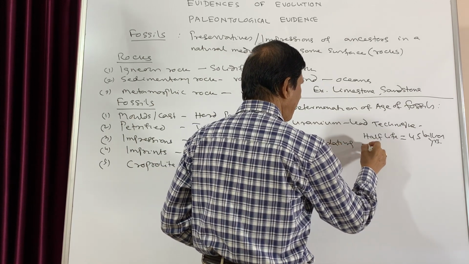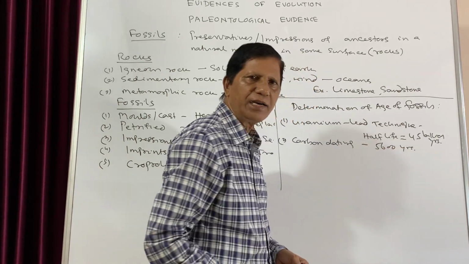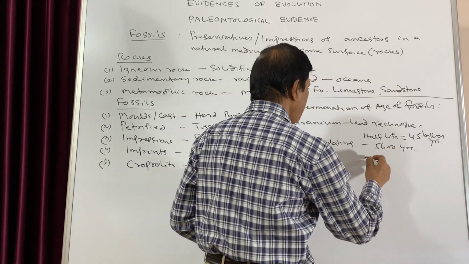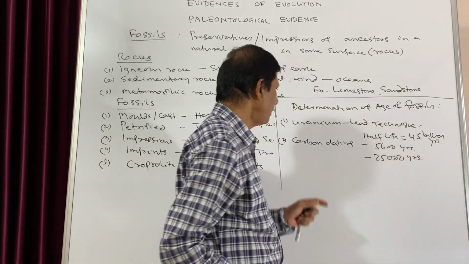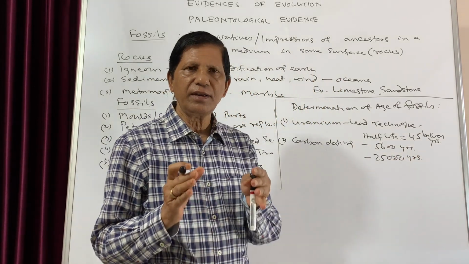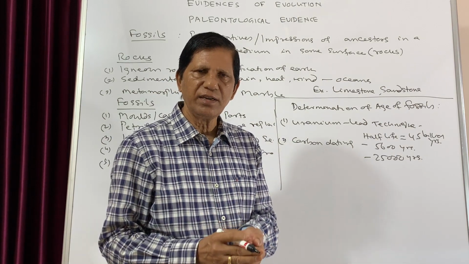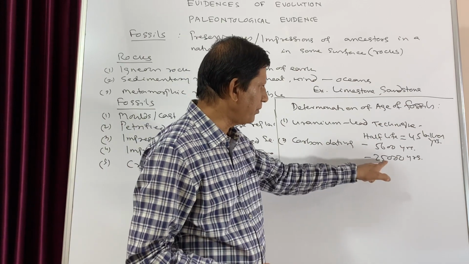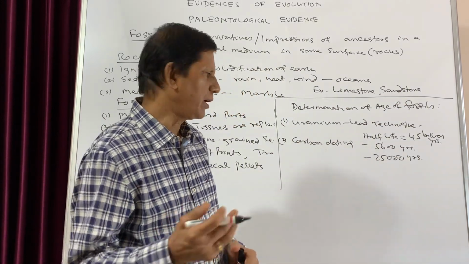And here the half-life is 5,600 years. And it can estimate fossils of maximum 25,000 years. That means by carbon dating we can estimate the age of fossils which are formed only recently. The earlier ones, those which are formed beyond this 25,000 years, cannot be determined.